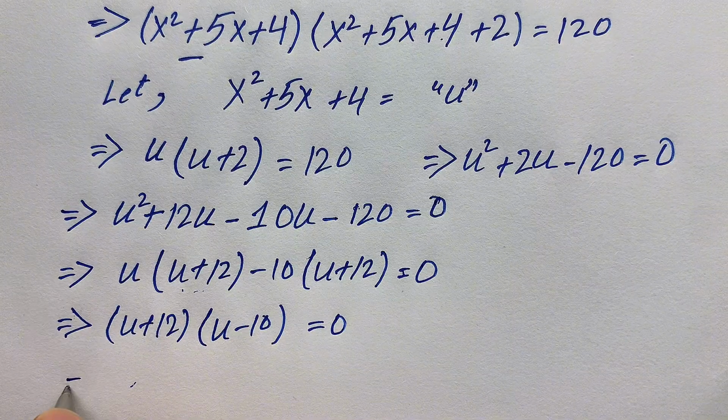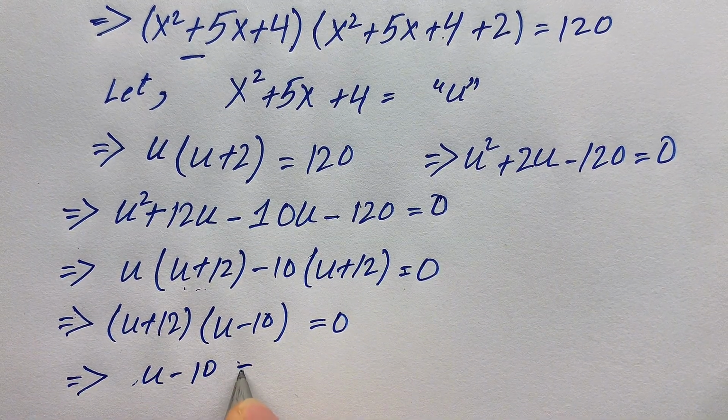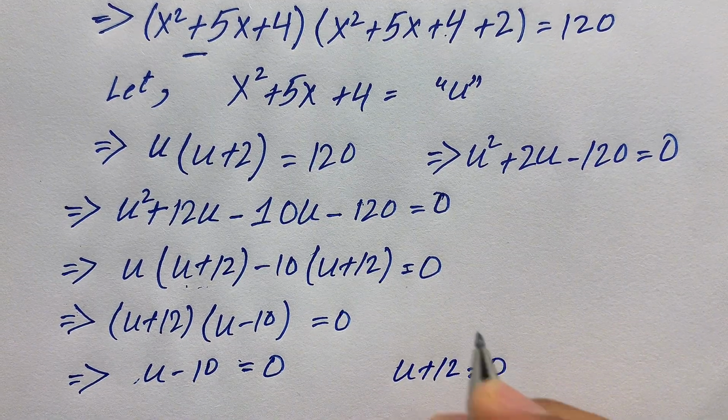So in next, u minus 10 is equal to 0 and u plus 12 is equal to 0.